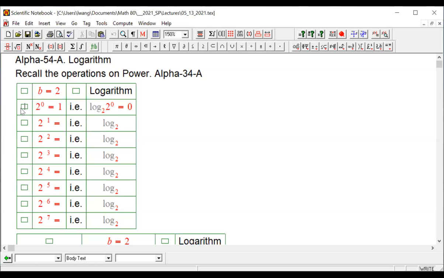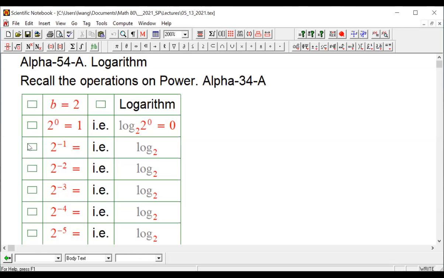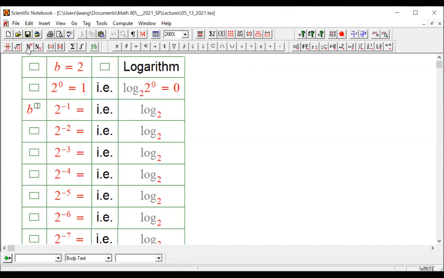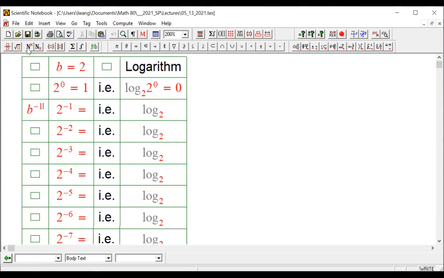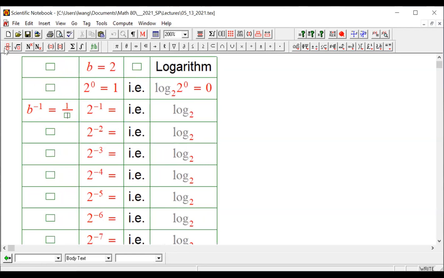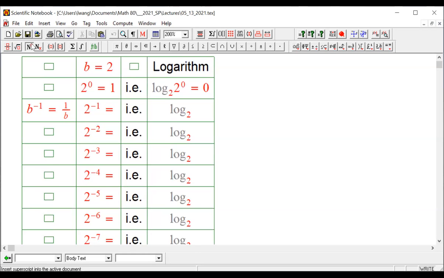Okay, we know that b raised to the power of -1 is equal to what? 1 over b to the power of 1, right?